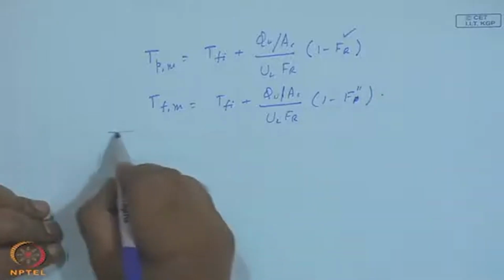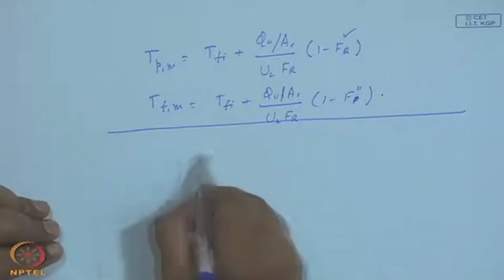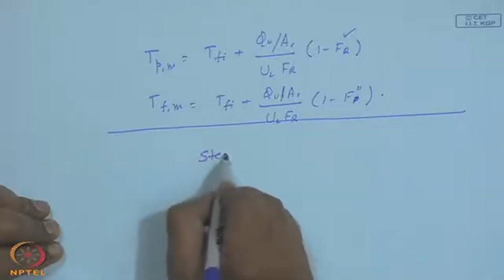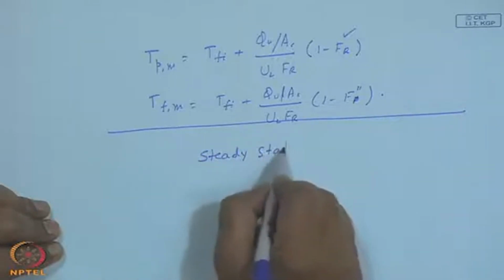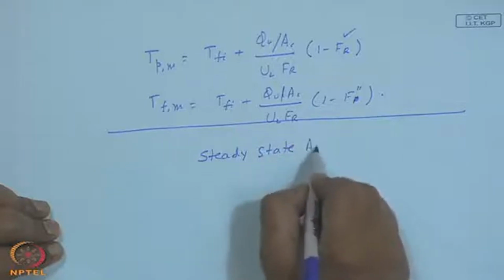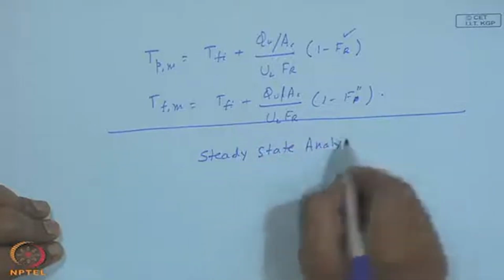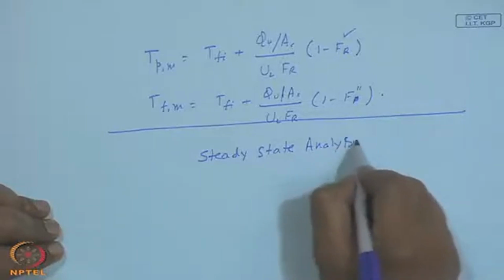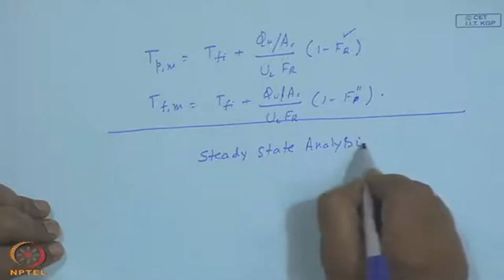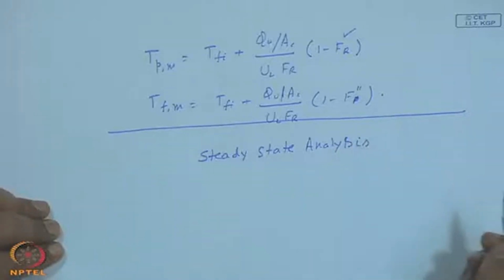So far, we made a steady state analysis. Right? In addition to treating as two one-dimensional problems instead of a two-dimensional problem, we assume that everything is constant and a steady state performance exists.